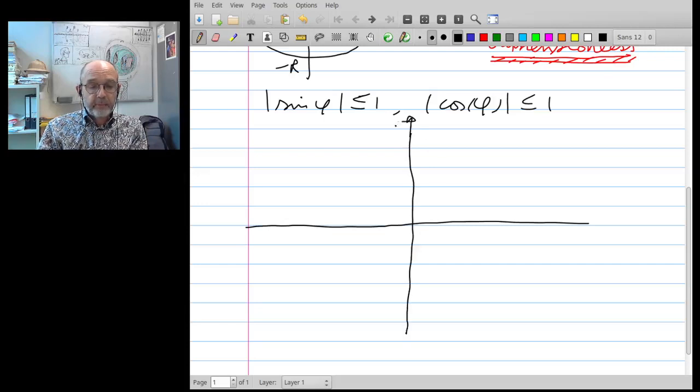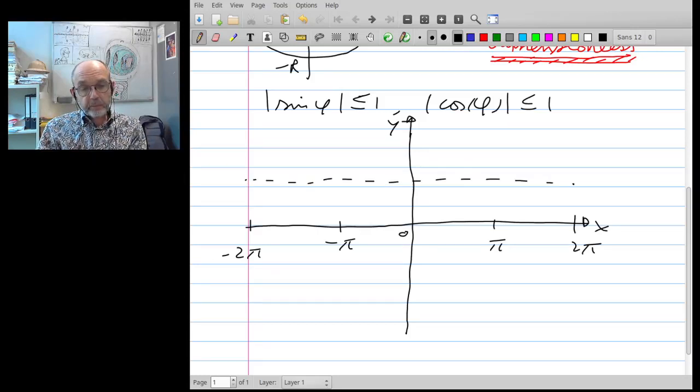Just to keep in mind y, x, pi, 2 pi, minus pi, minus 2 pi, 0. Now the sine of 0, and then you have also plus 1 and minus 1.